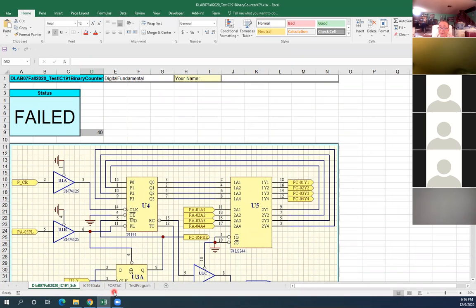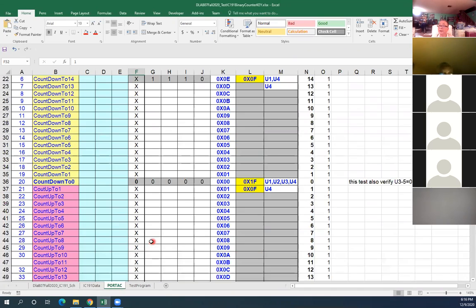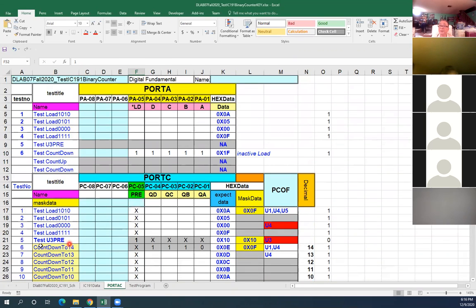the first thing you need to do is go into here, port A, B, C. First thing, for number one, the load you apply will be 0x0A.